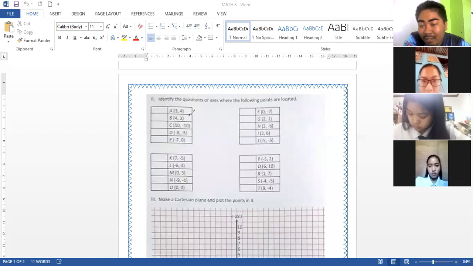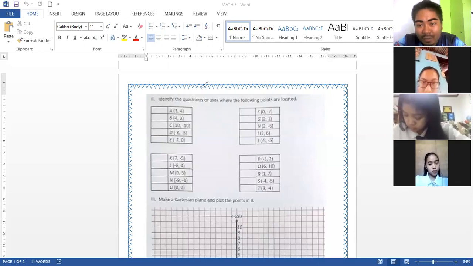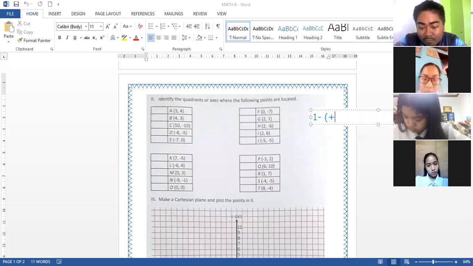So ano nga ba yung quadrant? Saan ba mahanap yung quadrant na yan? Diba if we have here, ang quadrant 1 natin is positive, positive. Tama?